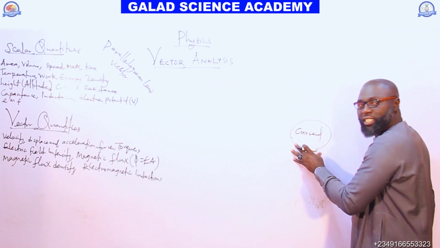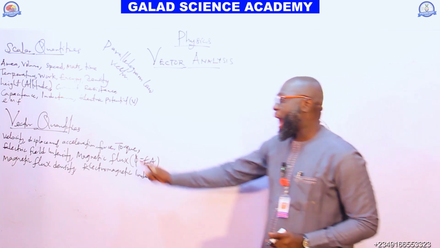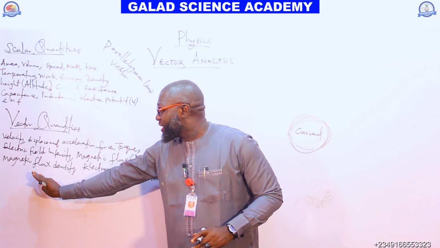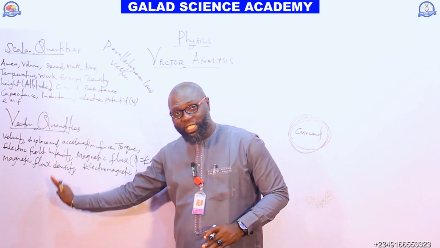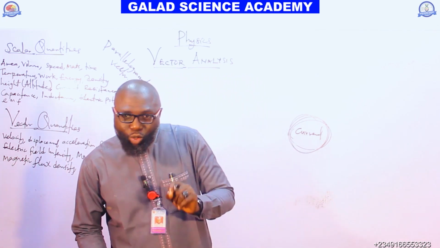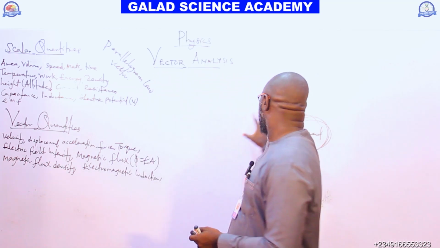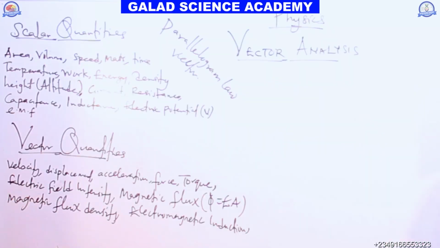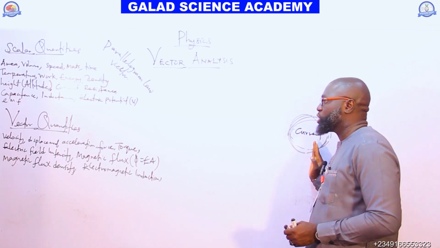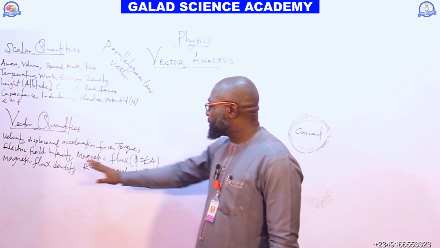It has both magnitude and direction, but current does not obey the parallelogram law of vectors. So a vector quantity, once again, has both magnitude and direction and also undergoes the parallelogram law of vectors. Current has both, but it fails to undergo the parallelogram law of vectors. That's why current is a scalar quantity.